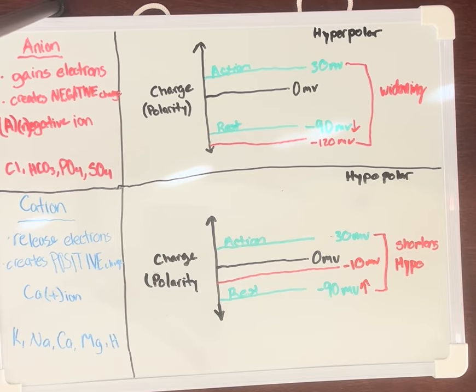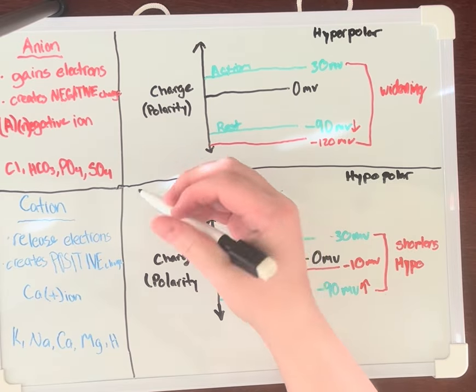So keeping all this in mind, another thing I will say is one of the things that I got asked on my national registry for my paramedic license was about the prominent cation in the intracellular and extracellular, right?